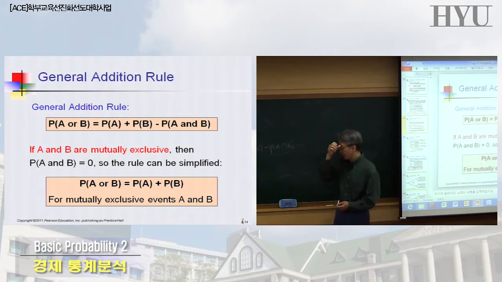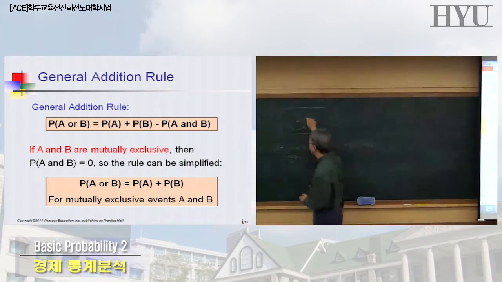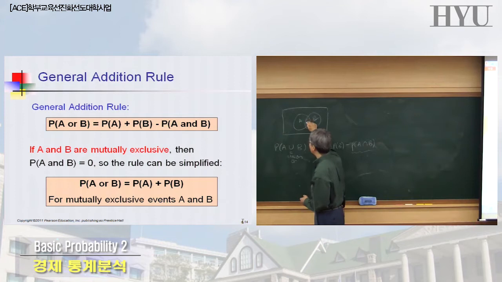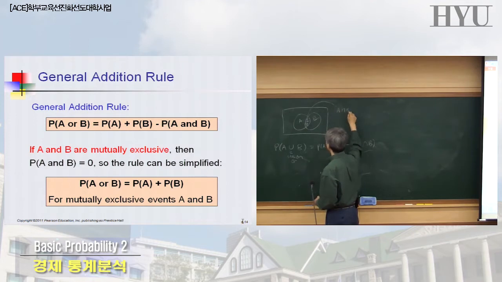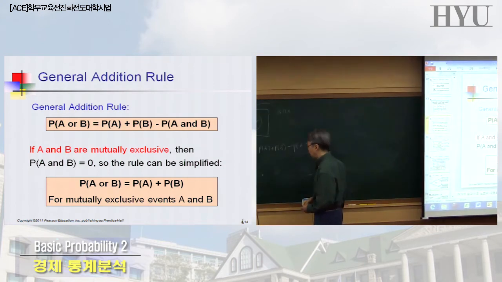This is the probability that event A and event B will occur jointly at the same time. So graphically, we're talking about this overlapping area. This is A intersection B.